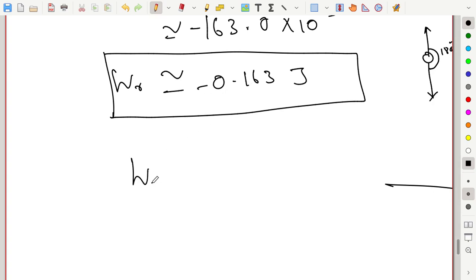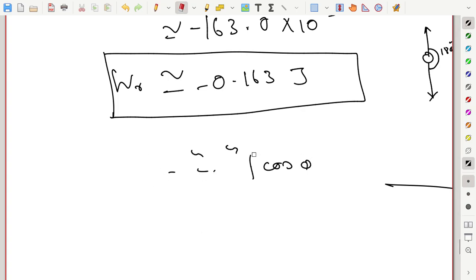We can also find the work done as F into D into cos theta, that is mod F vector, mod D vector, cos theta. When theta equals 180 degrees, cos 180 is minus 1, therefore we get a negative value.